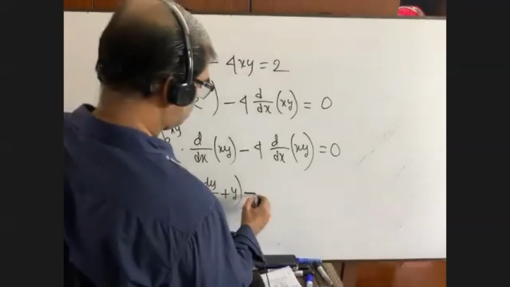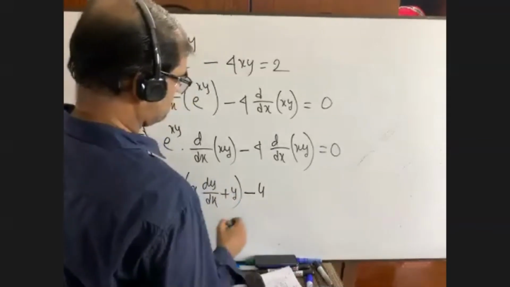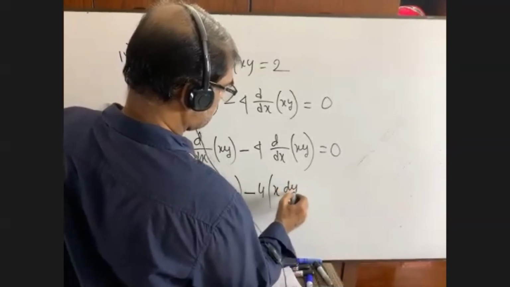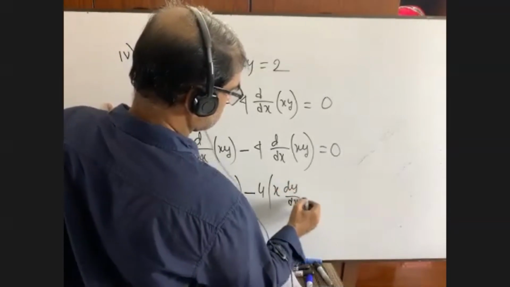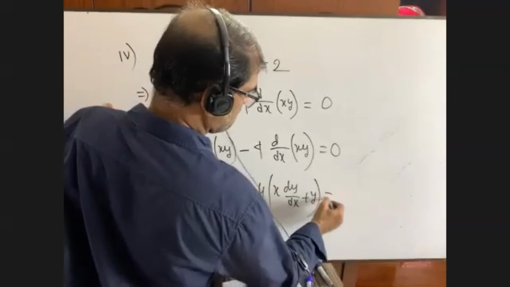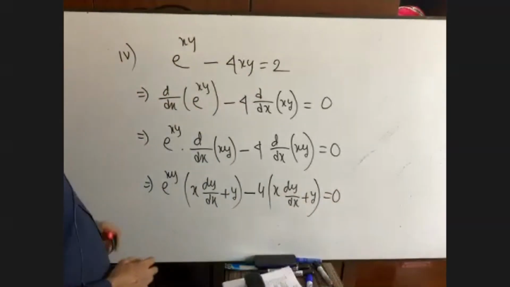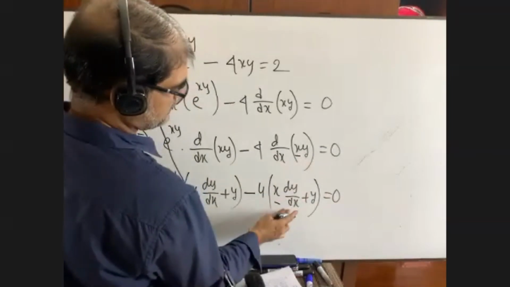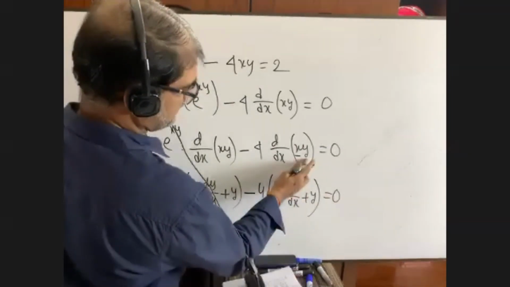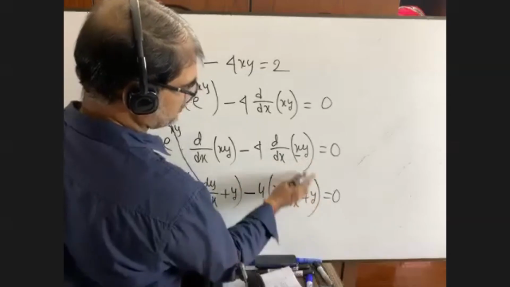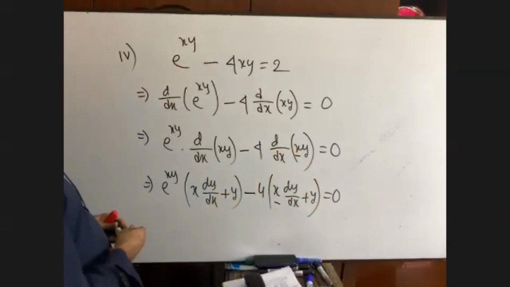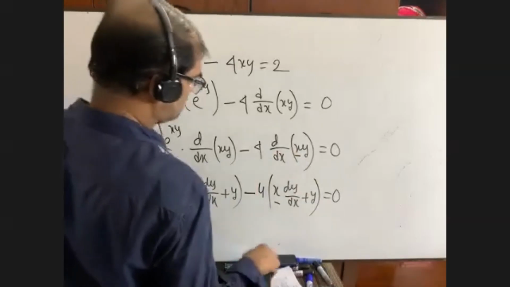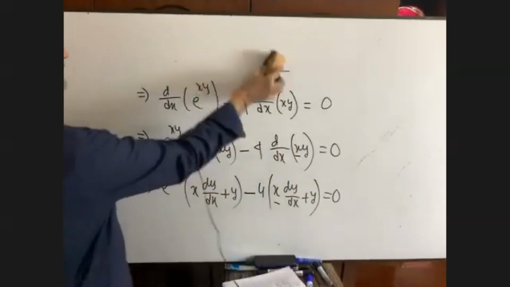Minus 4 times x dy by dx plus y. This is x, y will be differentiated. This is y, x will be differentiated. That is one. And anyway, you will just keep it in mind always, because you will not get that much time.